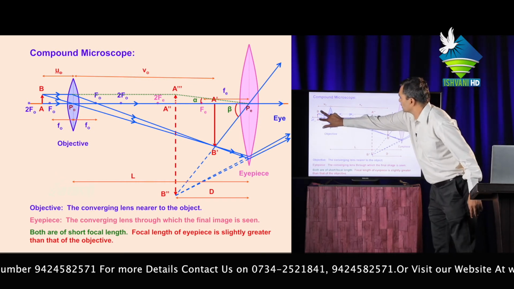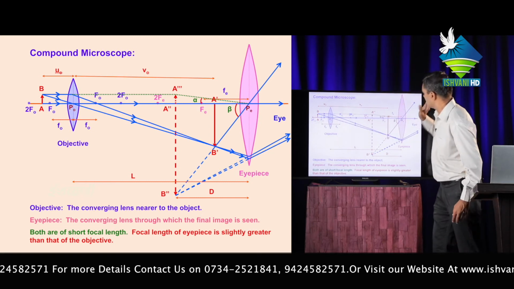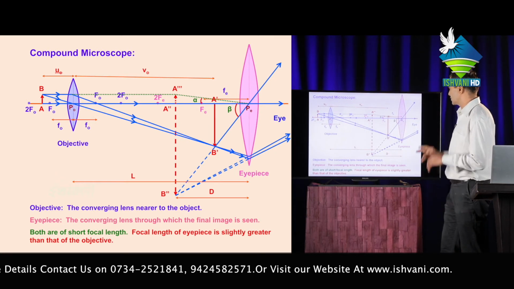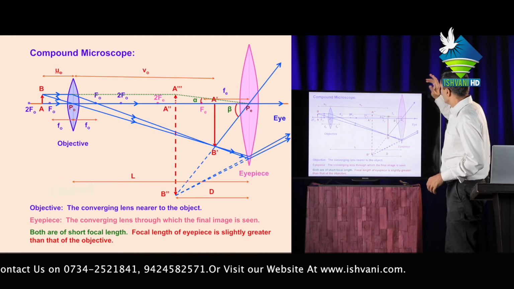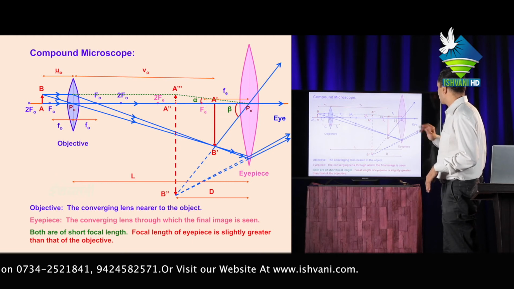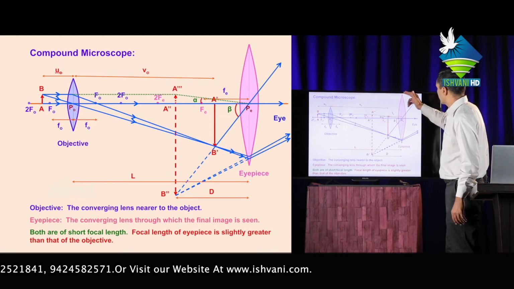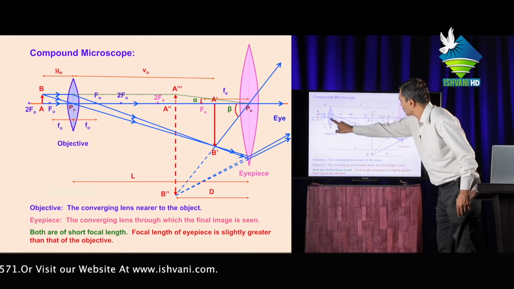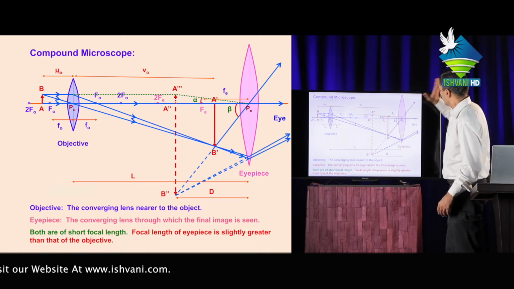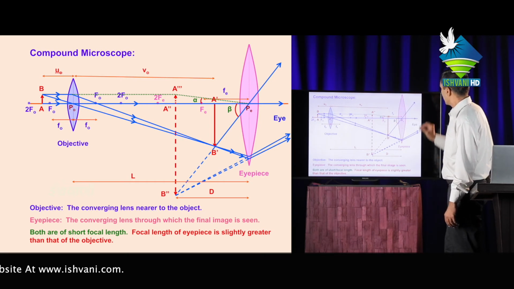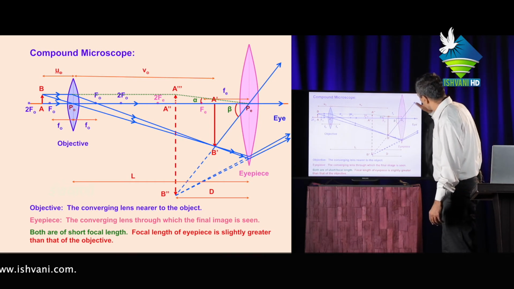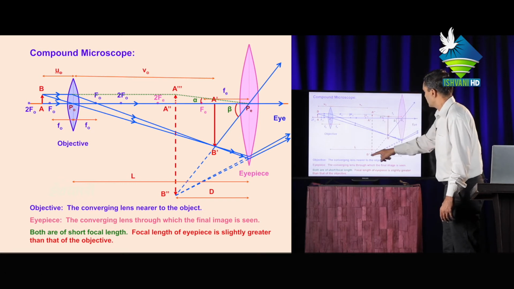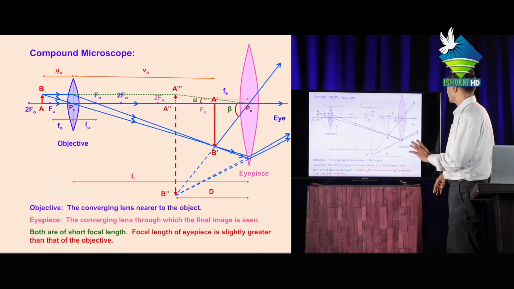Then this is the object for this objective lens, and A dash B dash is the image for this objective lens. Now, if the eyepiece lens is introduced, then this image for the objective lens becomes the object for the eyepiece, and the image formed by the eyepiece is A double dash B double dash, right?